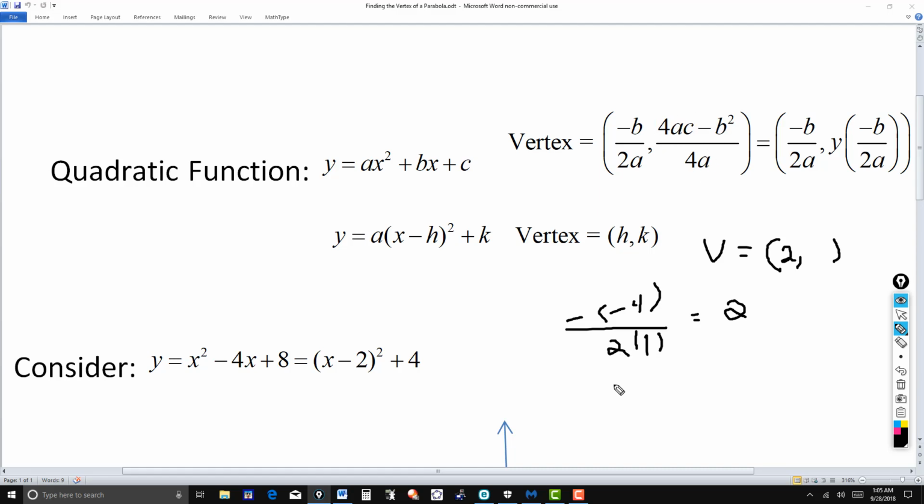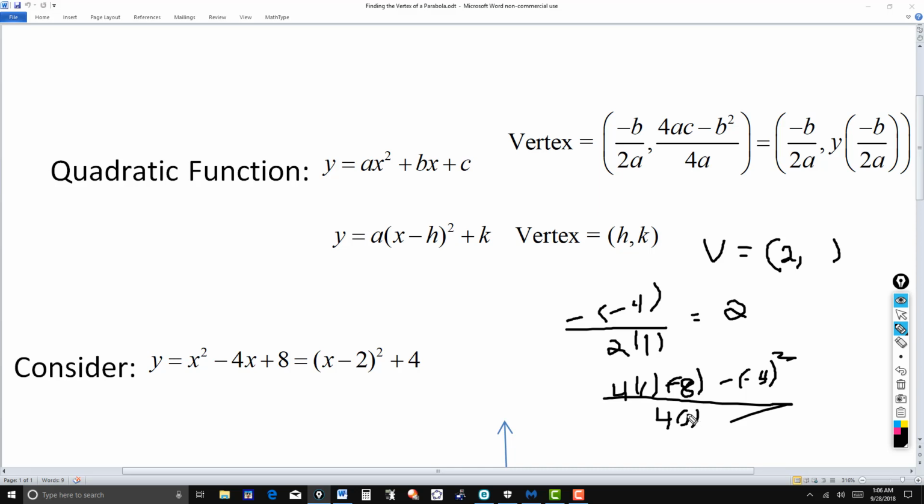It tells me it's going to be 4 times a, which is 1, times c, so it's 4ac, c is 8, minus b squared, and b is -4, so -4 squared, and that's going to be over 4 times a, which is 1.